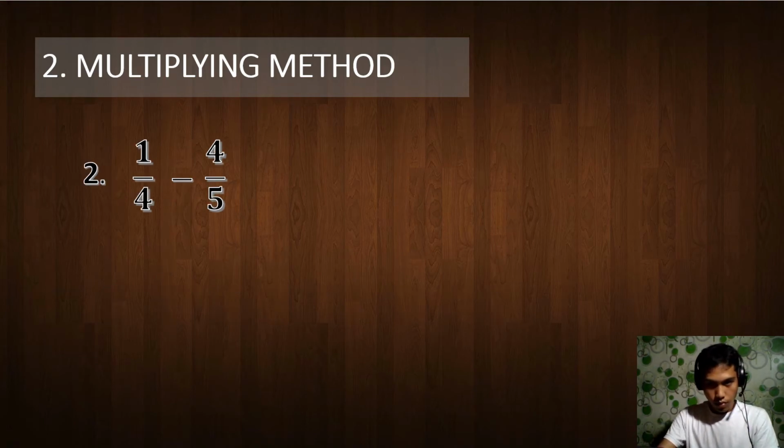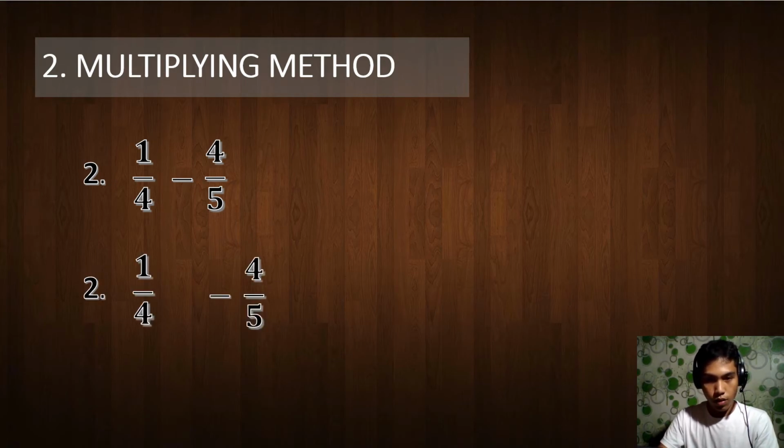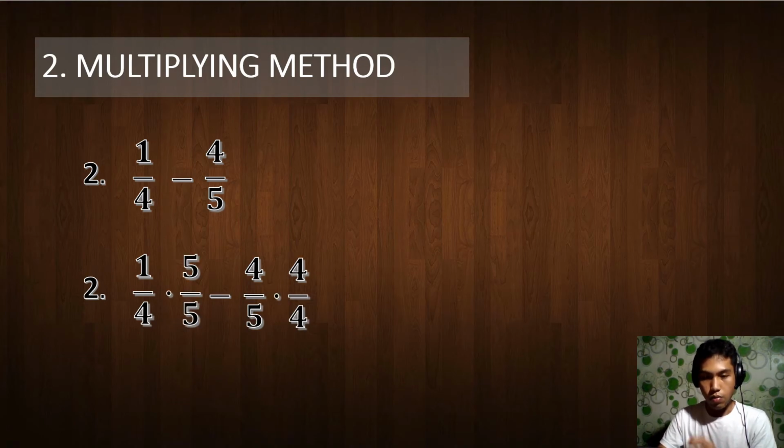For number 2, the same process. Again, we think of the least whole number that can be divided by both 4 and 5, and we need to multiply each fraction by the fraction that will result in that number. We focus on the denominator first. For the first term, we can multiply it by 5 over 5, and the second by 4 over 4.